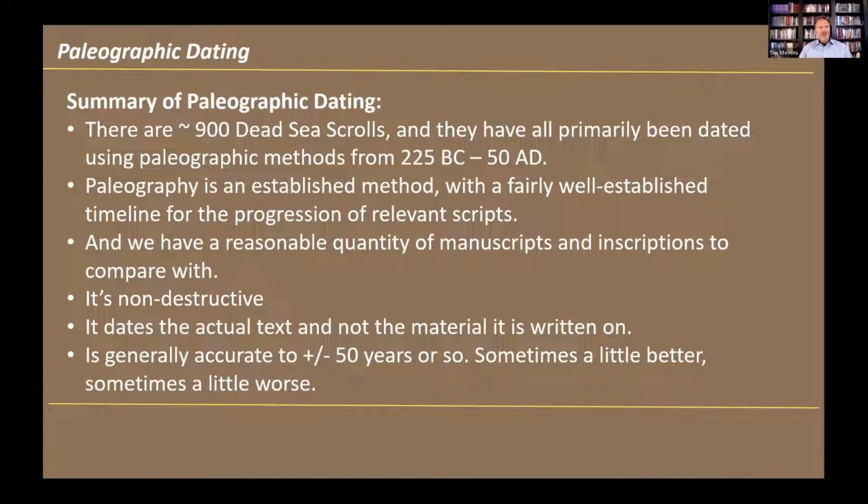And we have a reasonable quantity of manuscripts and inscriptions to compare with. It's not destructive. It dates the actual text and not the material it's written on. And it's generally accurate to plus or minus 50 years or so, sometimes a little better, sometimes a little worse, depending on the time period and the amount of evidence and other things to compare with that's available.